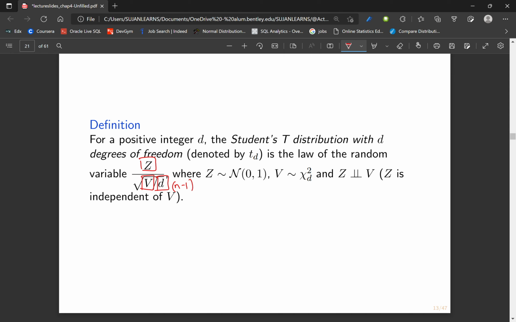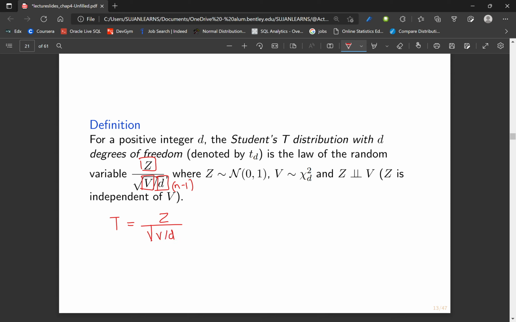On top of that, we also know that z, which is a standard normal distribution, and v, which is a chi-square distribution, are independent of one another according to Cochran's theorem. Now, when we do this, we get a student distribution, that is z divided by the square root of v divided by d.